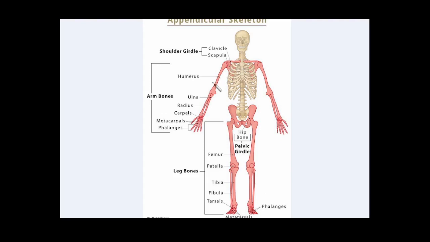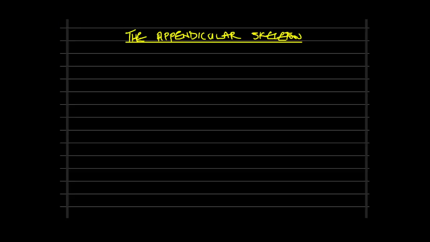We can see the upper limbs, the two forelimbs, and then we have the pelvic, that's the hip bone, as well as the lower limbs. Those are the parts that make up the appendicular skeleton.